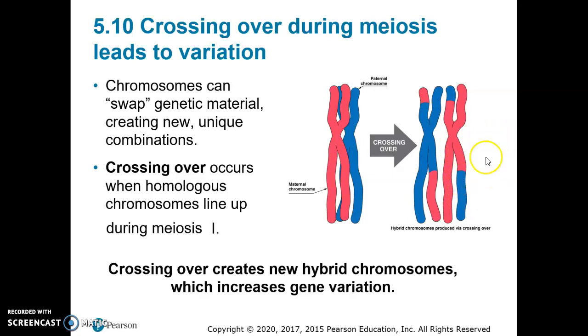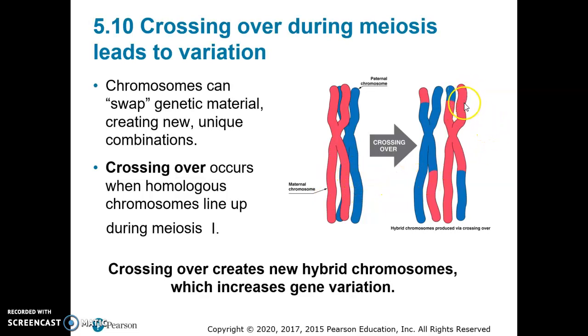And so if we were to say that chromosome number 1 has the information for hair color, and my mom has the information for blonde hair, my dad's got the information for black hair. It also has information for eye color on it as well. My mom has information for blue eyes, where my dad has information for brown eyes.